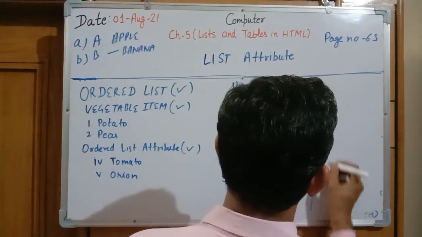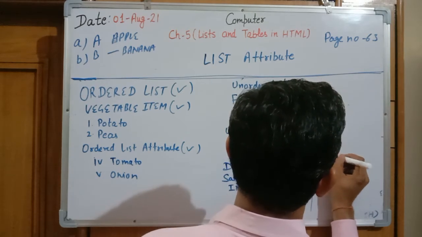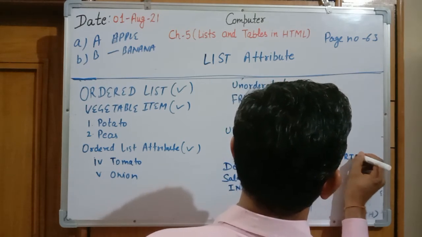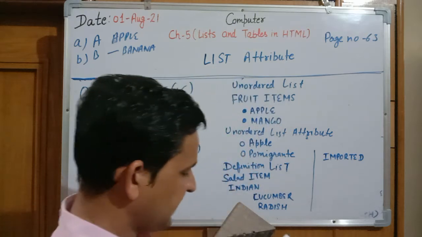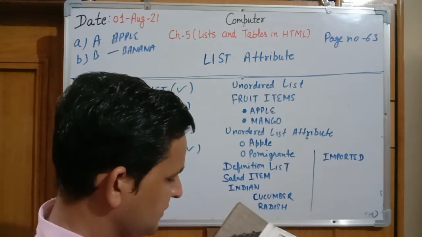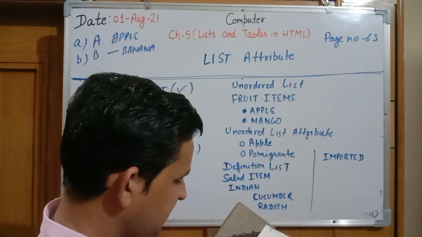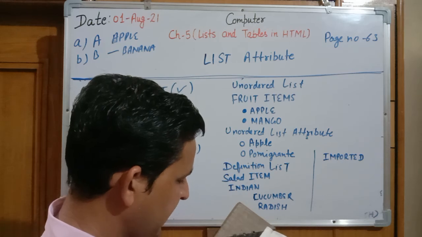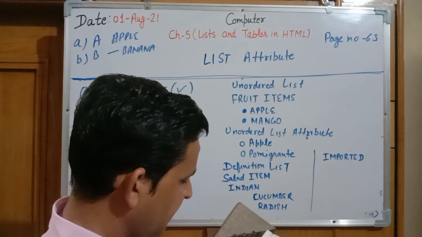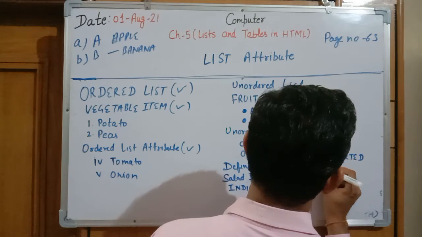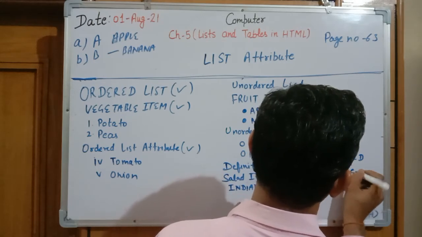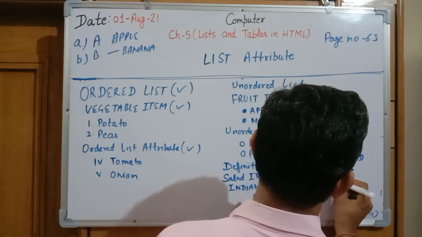So it will come as imported. In imported they have taken two items. First one is lithium and second one is peperonian. Lithium and peperonian.